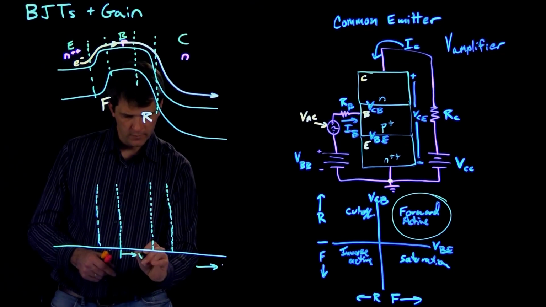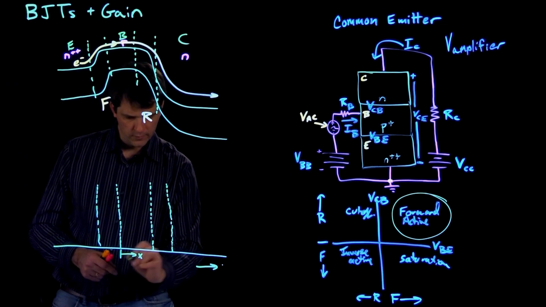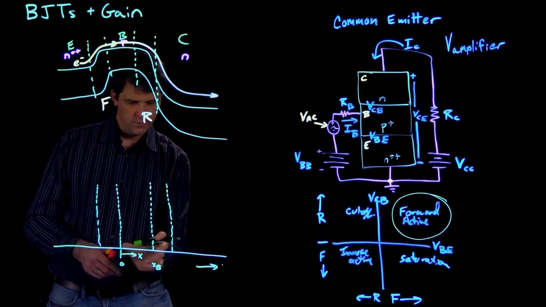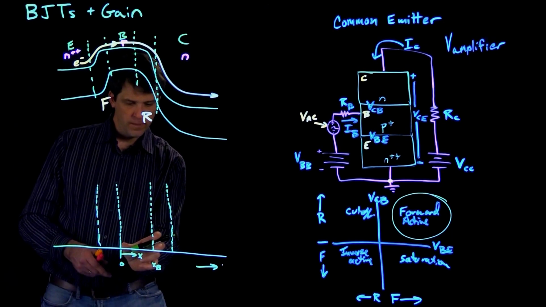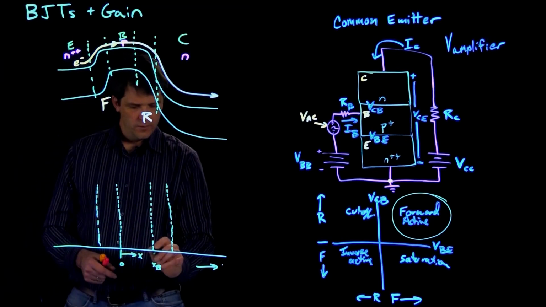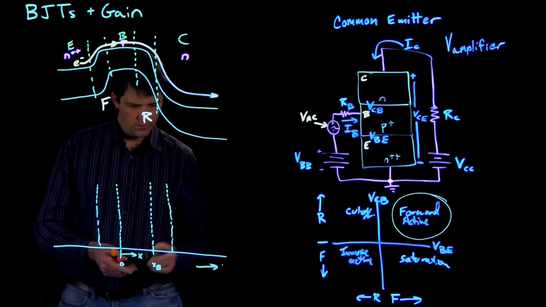So I'll just do that here. So this is x, and it goes from 0 to xb, which is the thickness of the base within the quasi-neutral region of the base. So from here to here.